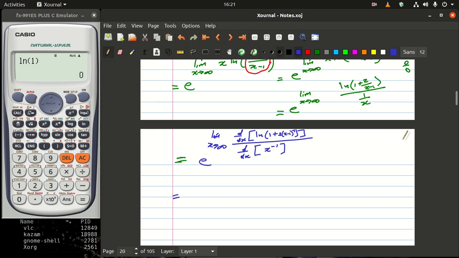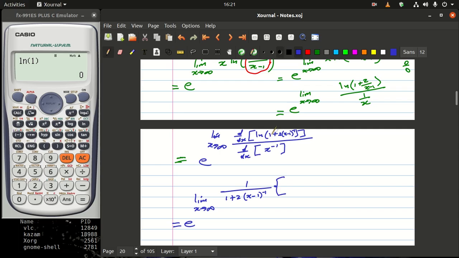I will try and be as fast as possible so that I don't end up wasting much more time, because this video is already long. So here I will have e, and then I'll have the limit as x approaches infinity, and then of course what will be the derivative of this? The derivative of this is going to be 1 over what is inside, which is 1 plus 2 times x minus 1 raised to minus 1, and then times the derivative of what is inside.